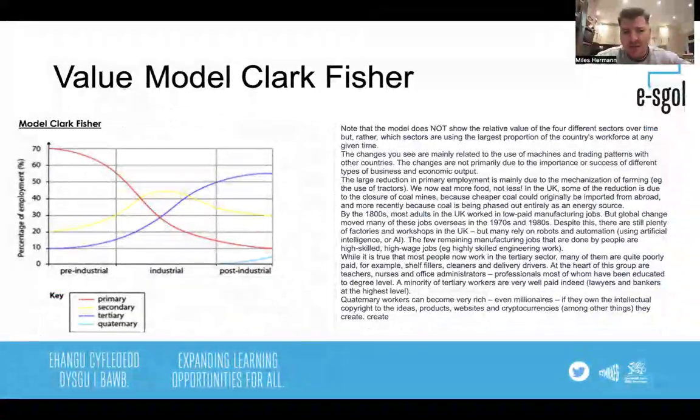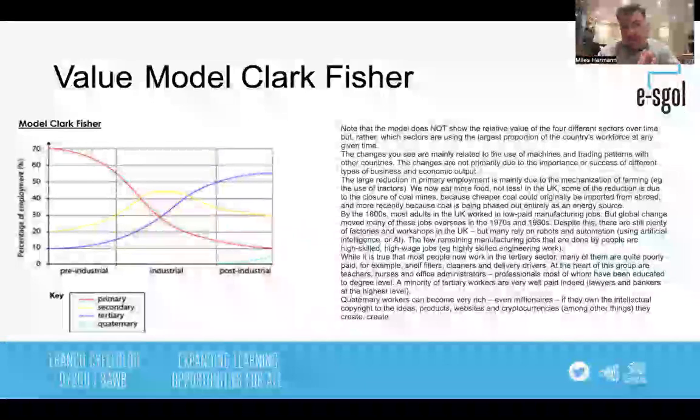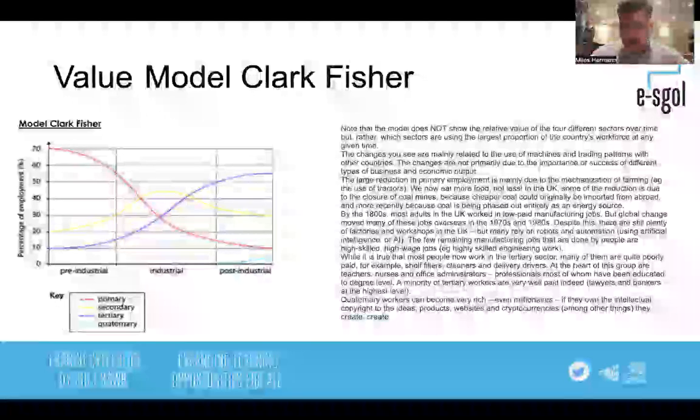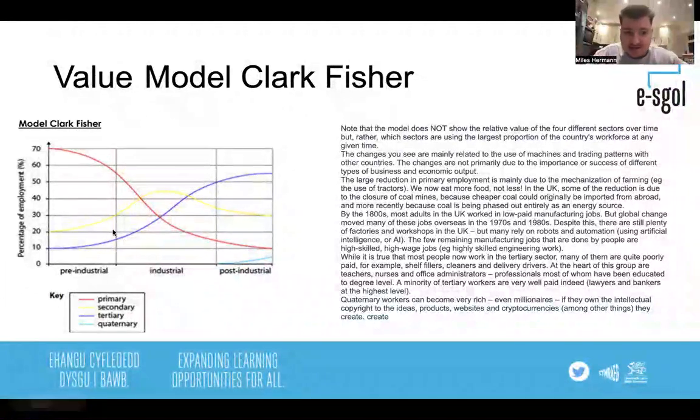So what is the value of the Clark-Fisher model? Well, it doesn't represent every country in the world. It just gives you an idea of some of the post-industrial countries and how their employment structure looks. Obviously, this would not be applicable to Ethiopia, as they are still in their pre-industrial stage.